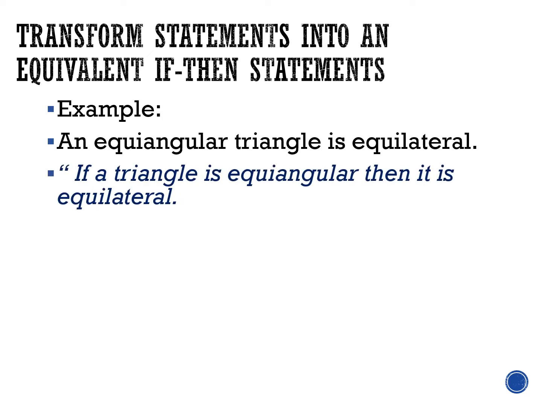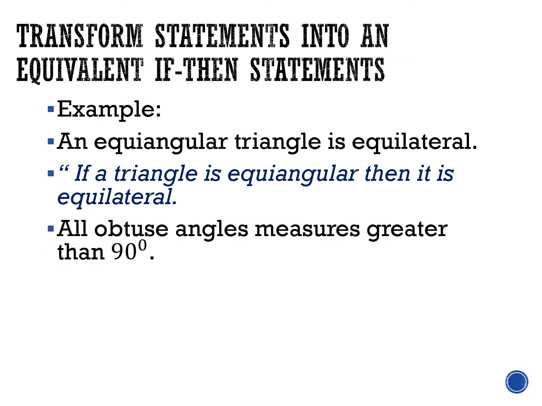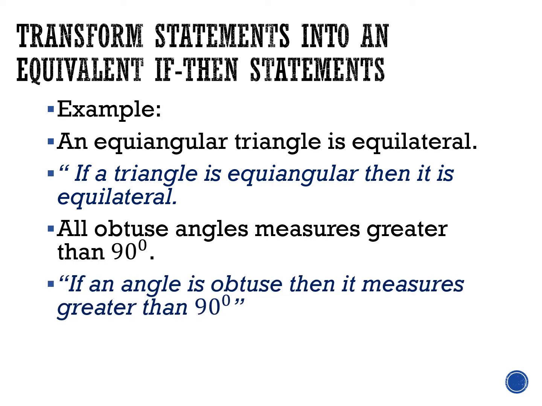If a triangle is equiangular, then it is equilateral. How about this statement? All obtuse angles measures greater than 90 degrees. If an angle is obtuse, then it measures greater than 90 degrees.